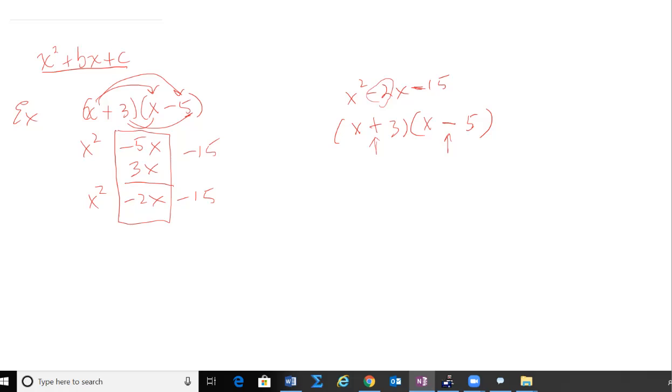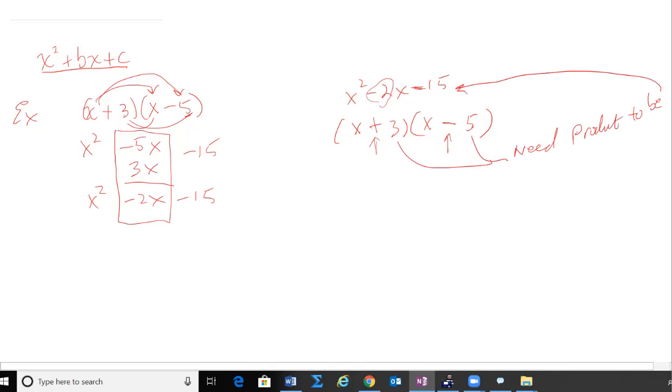So the things we're looking at here are, when we do this factoring, we need these two numbers right here. We need the product to be this number. So that's how we choose them. We choose them so that the product is this negative 15. Now, it might have been negative 15 and a 1. I didn't know that. But what seals the deal is that we need the product to be negative 15, and we also need the sum to be negative 2 in here.